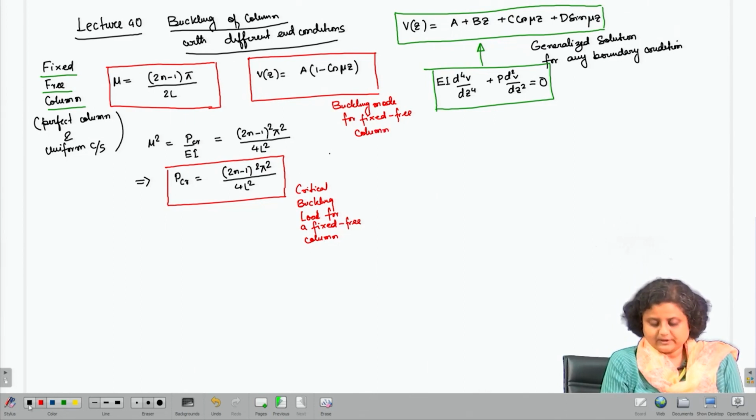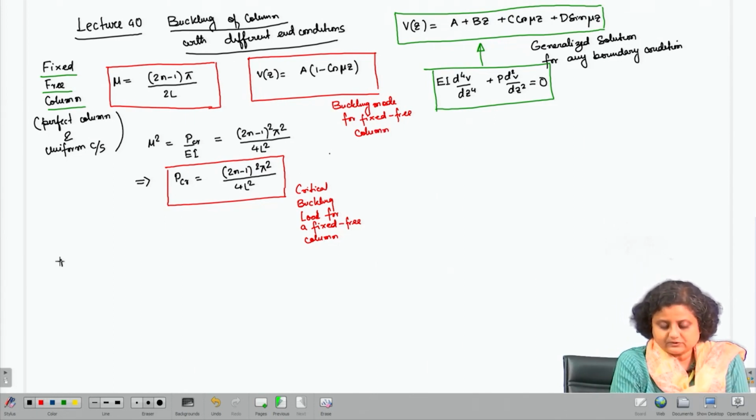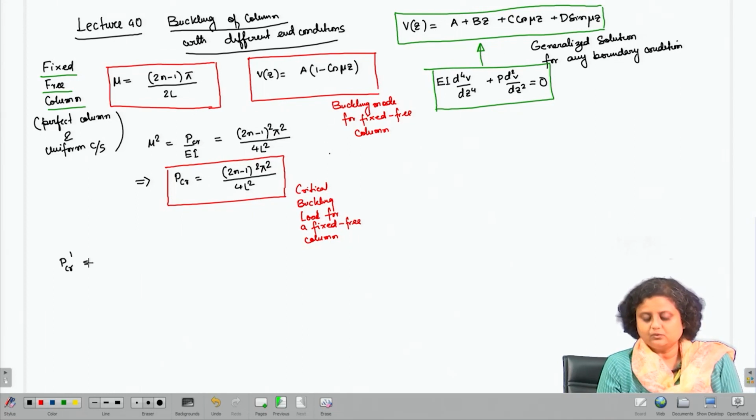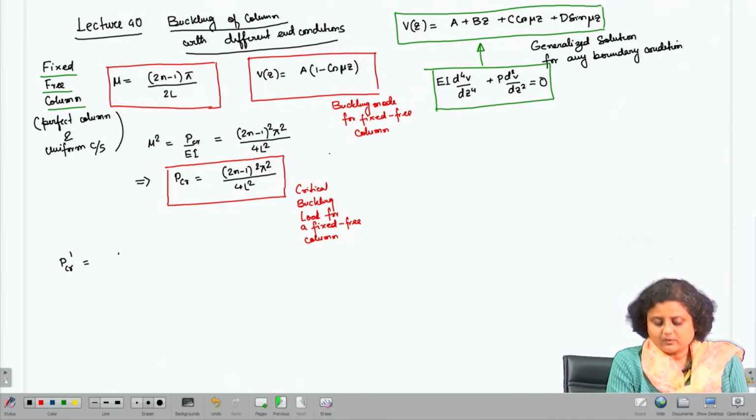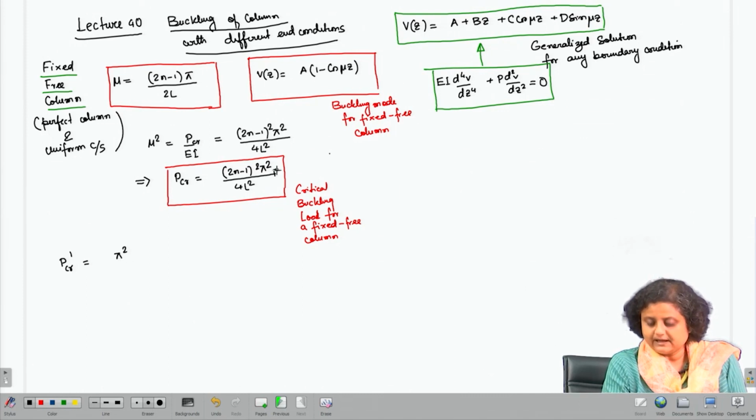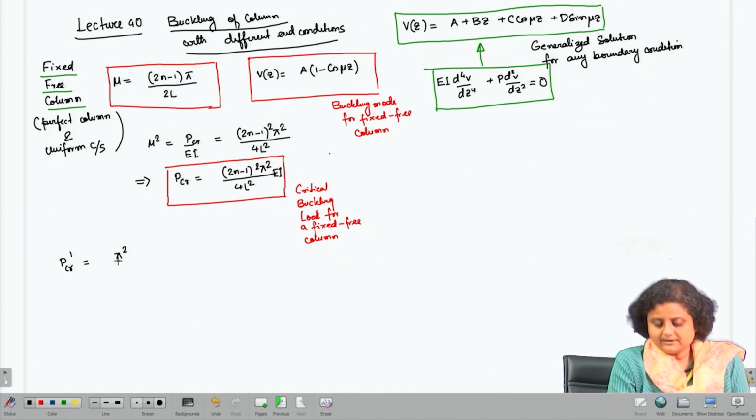Now, the first critical buckling load is going to be pi square EI by 4L square.